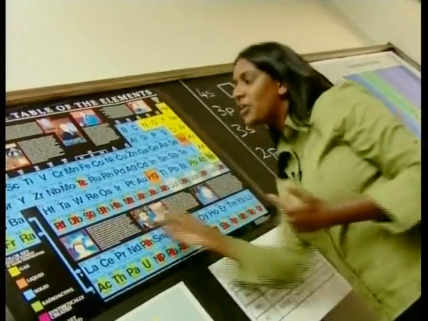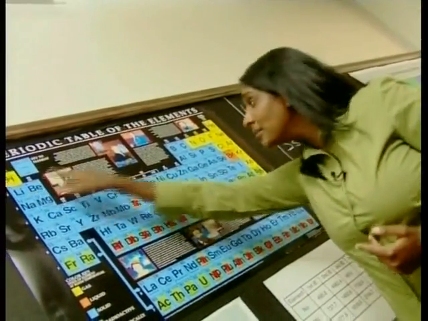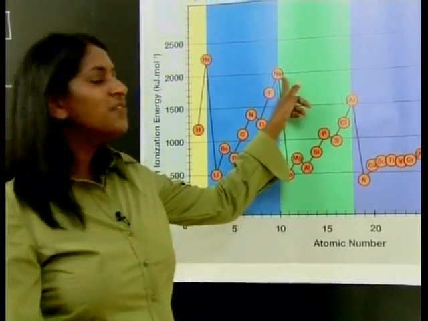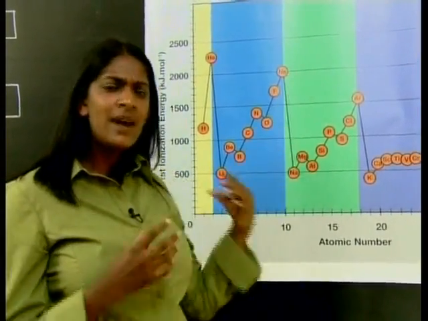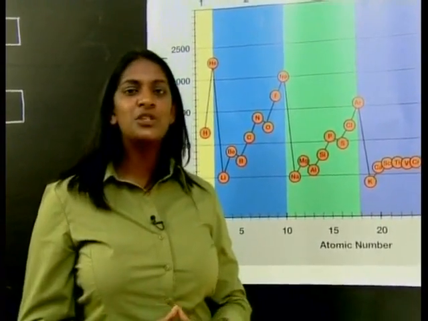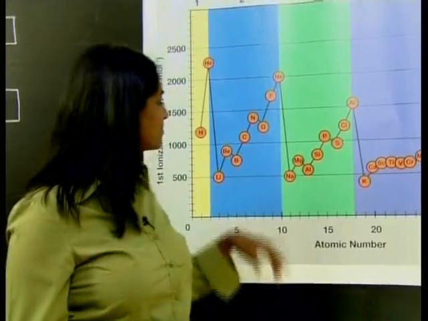We'll start with period 2, starting at lithium, ending at neon. Do you notice that the ionization energy increases overall as we move across the period? Neon's first ionization energy is much higher than lithium's, but there are 2 interesting exceptions within this general trend.